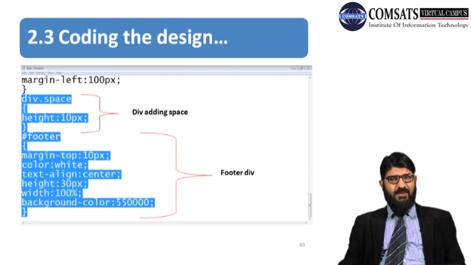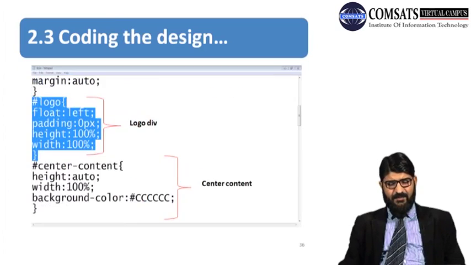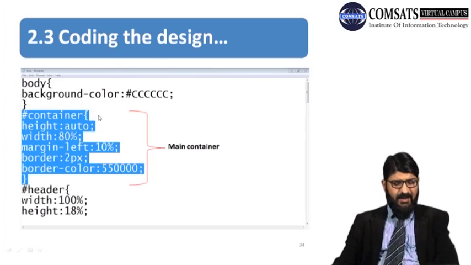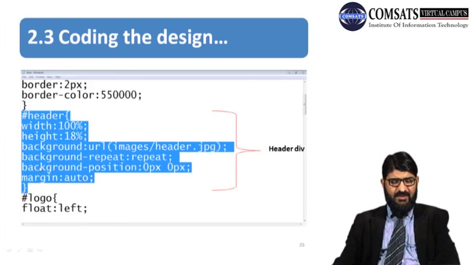So I'm going back to the slides to review all the code once. Starting from the main container, we have mentioned the main container and border color. Then moving towards header section, we have given the height, background, repeat, position and margin.